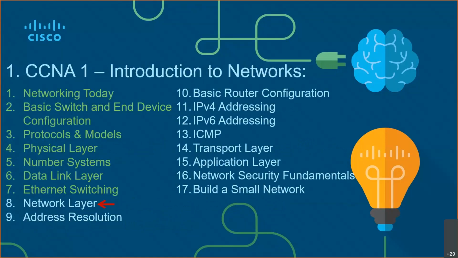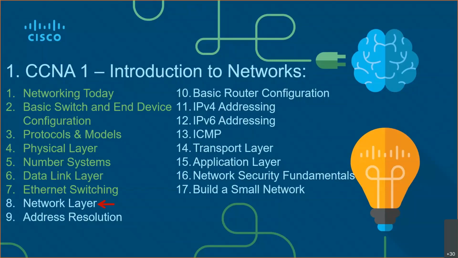If you remember the OSI model, the first layer we have is the physical layer, then we have the data link. Above that, we have the network layer. So the third layer is what we are going to study today. On the surface, the data link layer is mainly responsible for your MAC addresses.